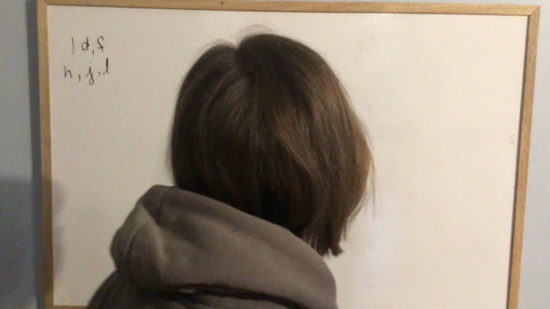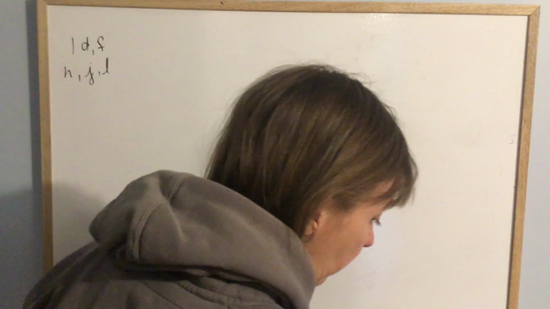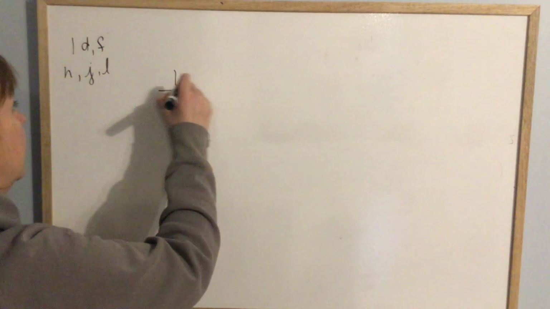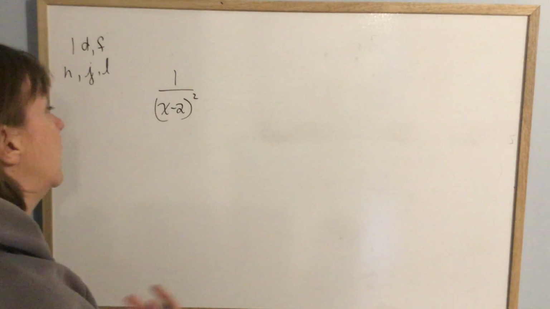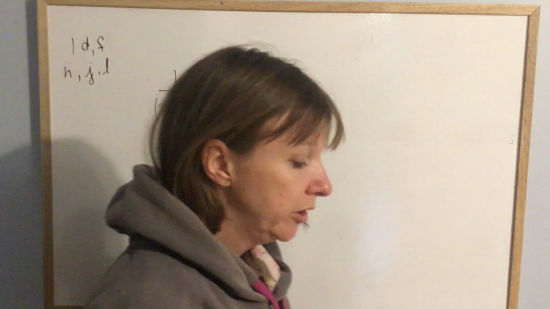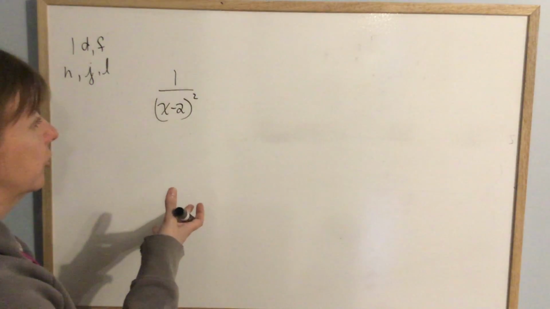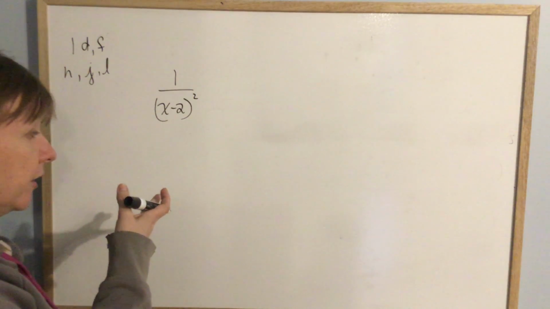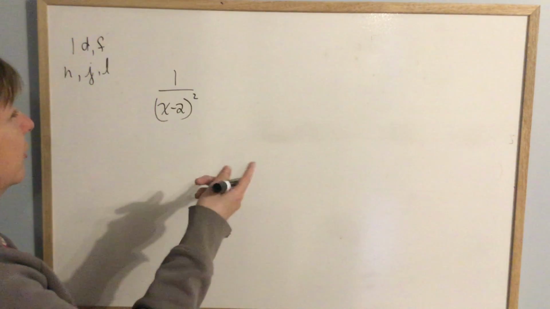So number 1D, remember, this is a matching question. It says 1 over x minus 2 squared. So again, I'm looking for which graph on page 371 gives an accurate picture for this. So x minus 2 squared.